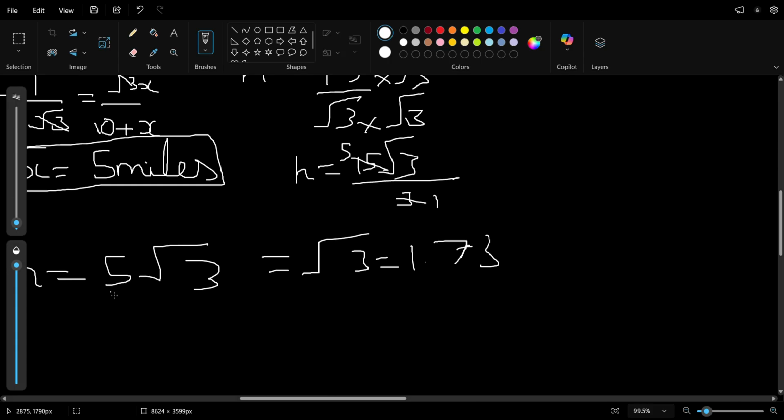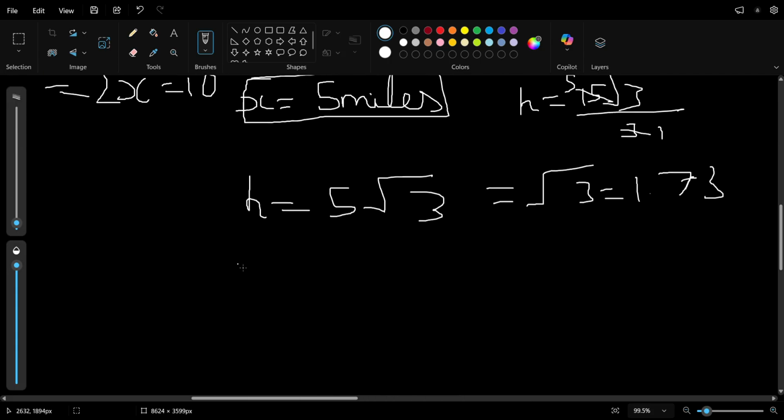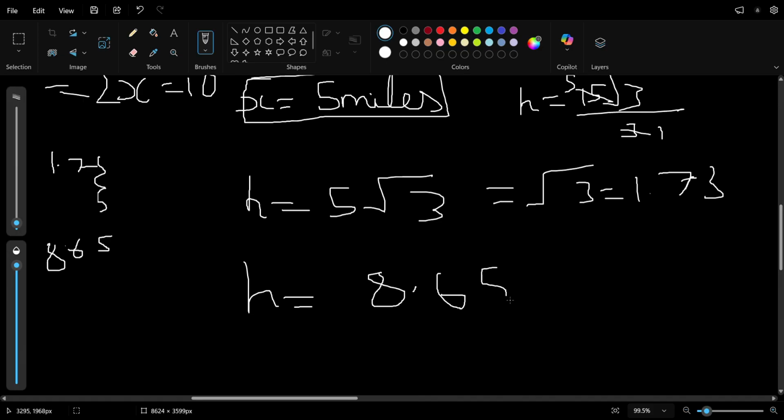Therefore h is 1.73 into 5, which gives 8.65 miles.